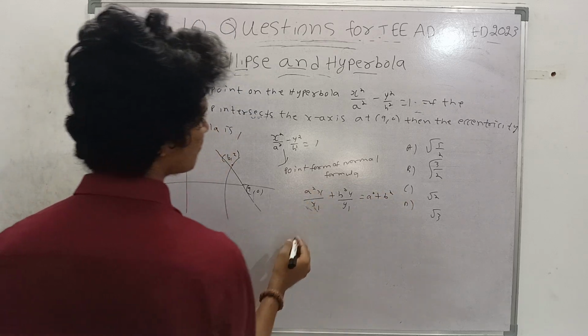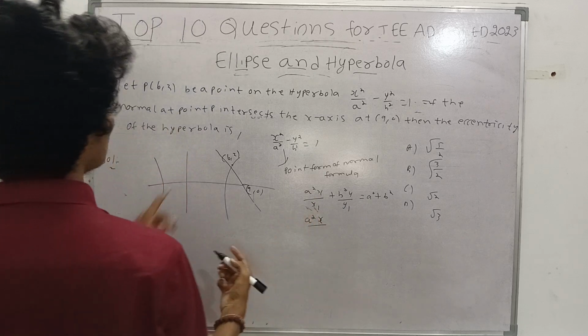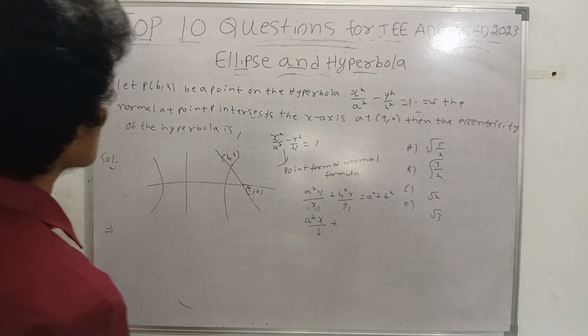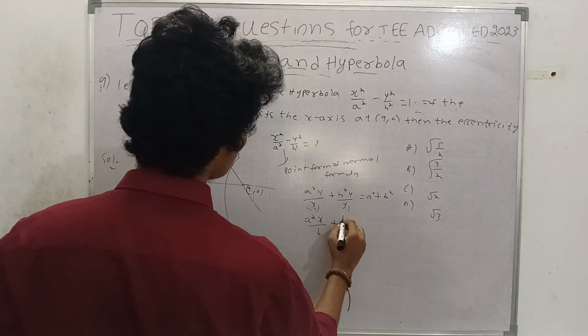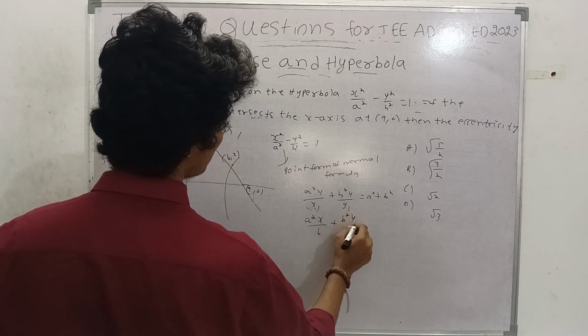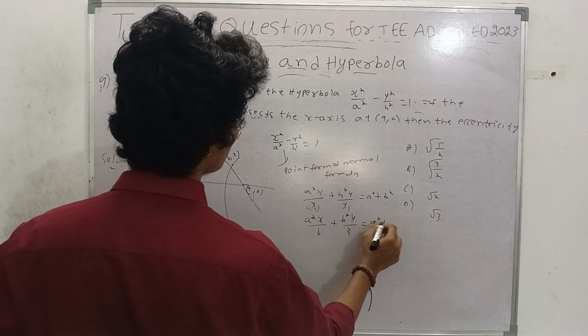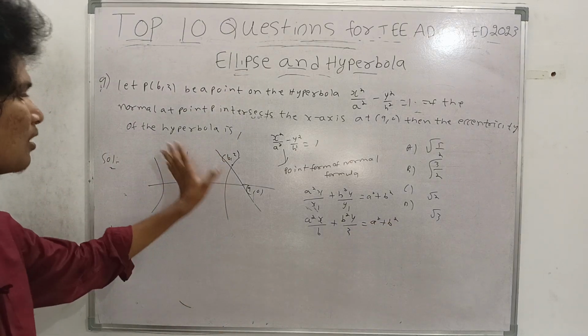And what is a square? It is a square only. What is x? X only. What is x1? X1 is 6. Plus, and again b square y divided by y1, it is 3, equal to a square plus b square. Yes, this is the equation for the normal.